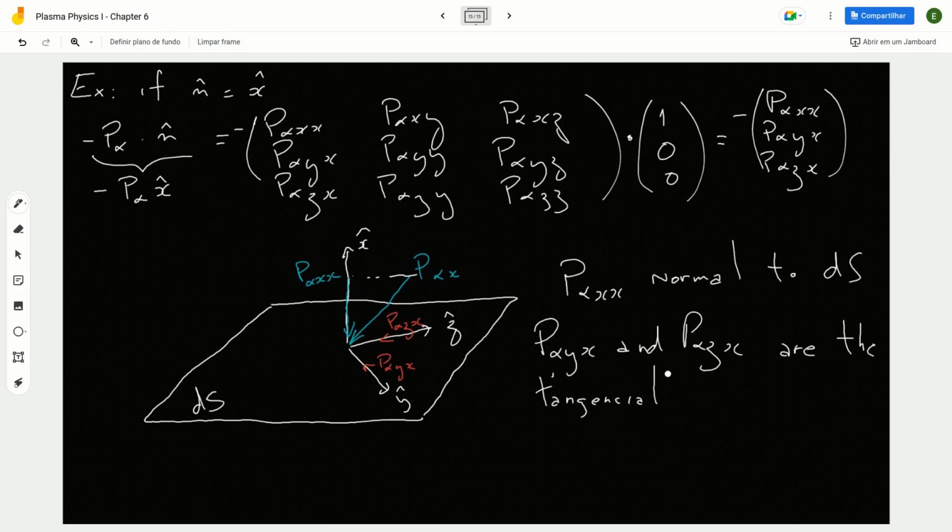Well, you correct me if it's wrong. I think it's T, right? Tangential pressure due to shear forces. So here I have shear, here you have the normal direction. All right.